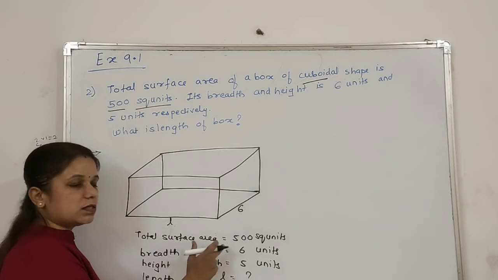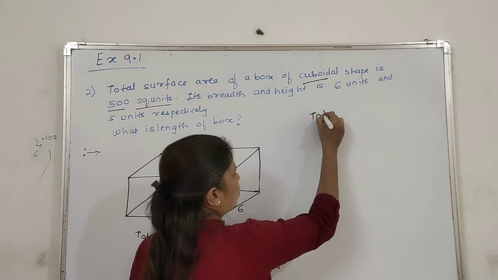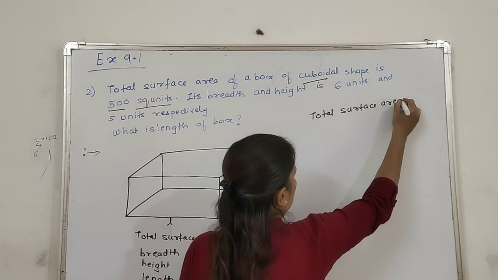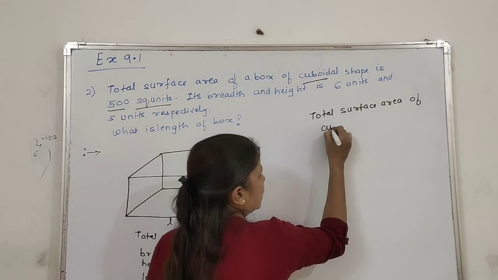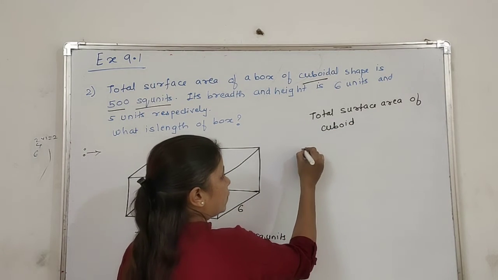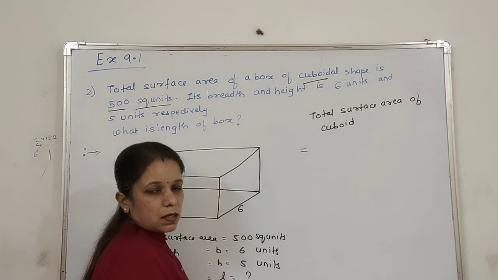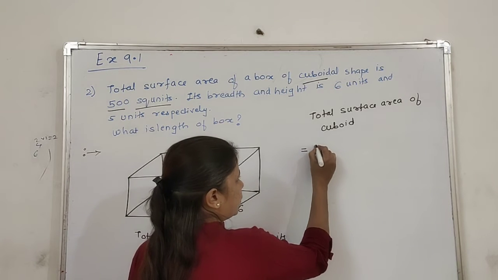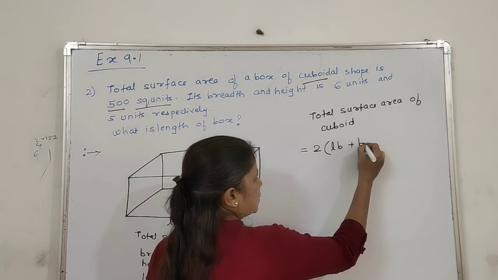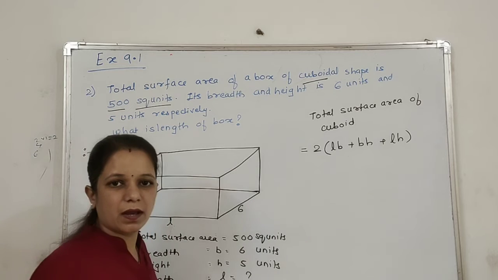But total surface area is given to you, so we will take the formula for total surface area of cuboid. We have just discussed it earlier. Total surface area of all the faces of cuboid is given by the formula 2 times LB plus BH plus LH. Very good. Okay.